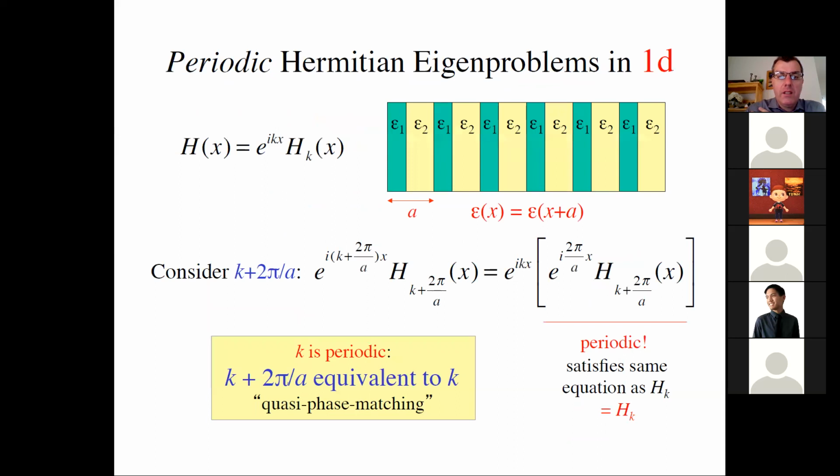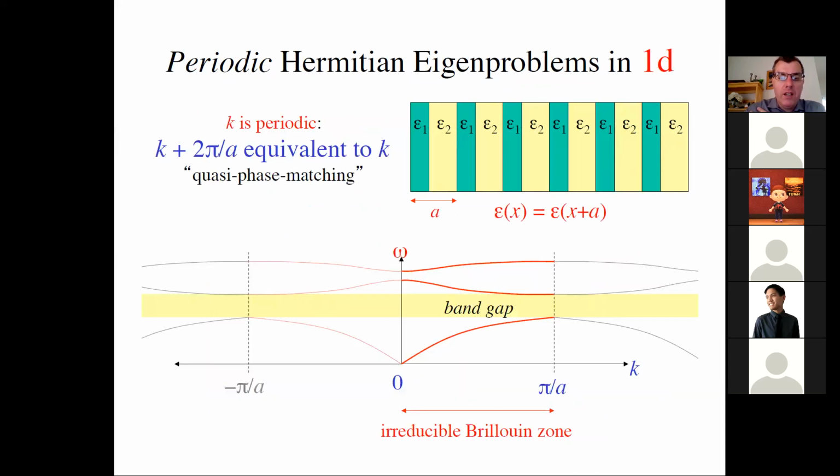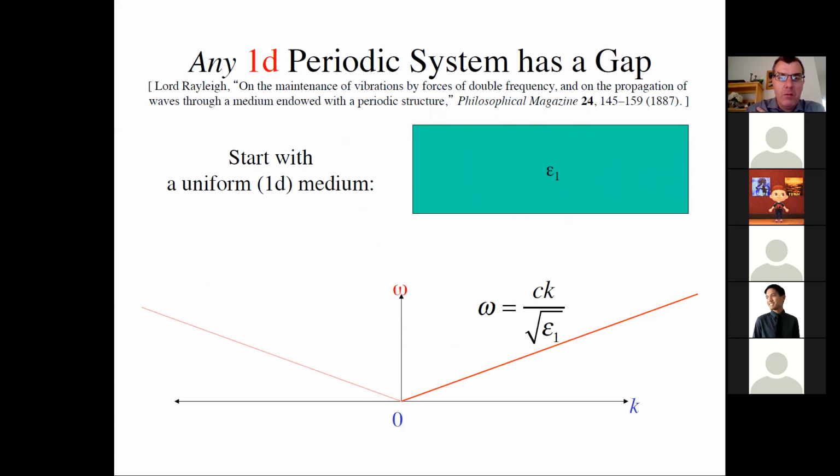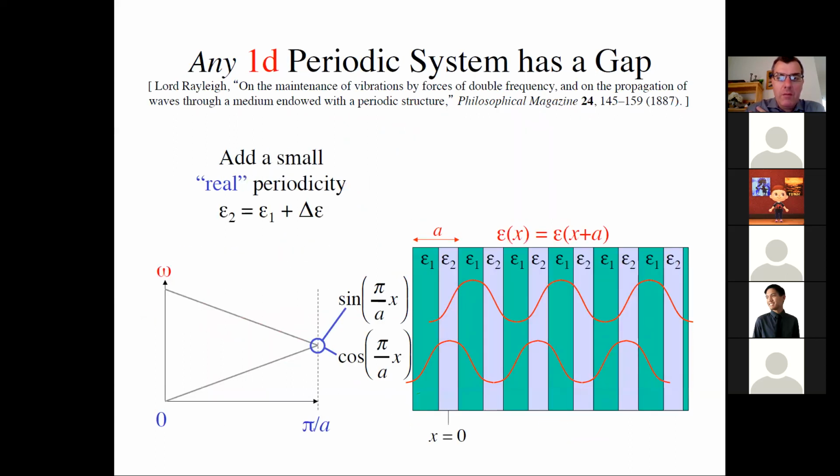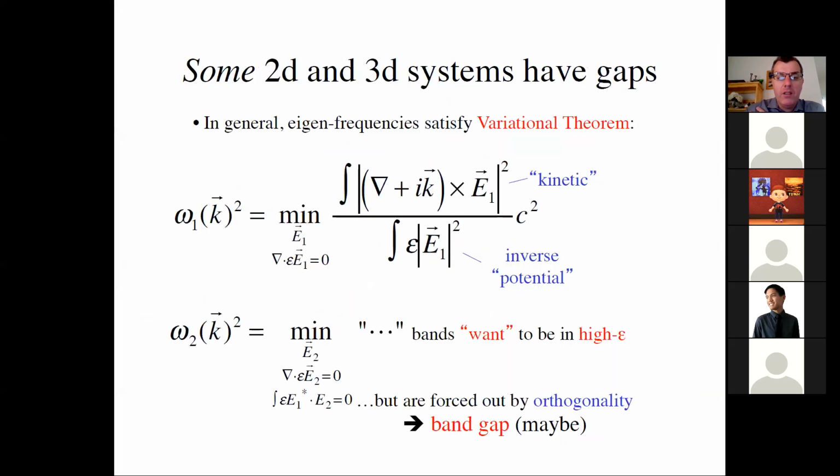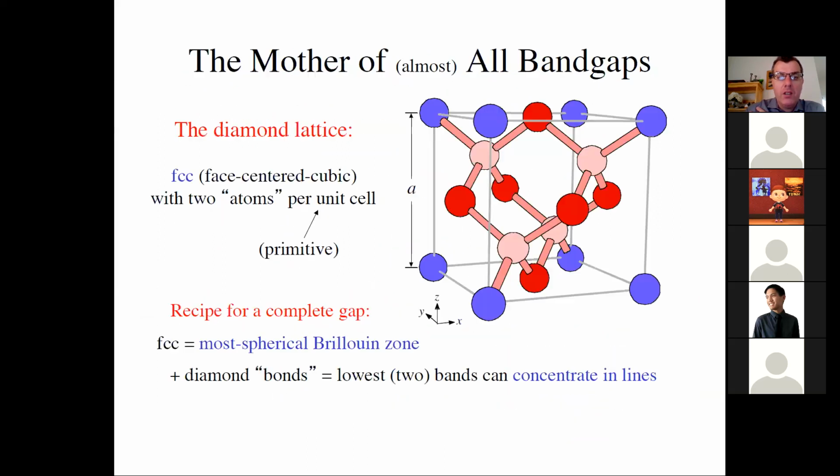The periodic systems are particularly easy, but I'm going to go through those with pencil and paper a little bit later. I think what I really want to show, besides just noting that periodic systems always have a gap, is I want to skip ahead to all of the applications.